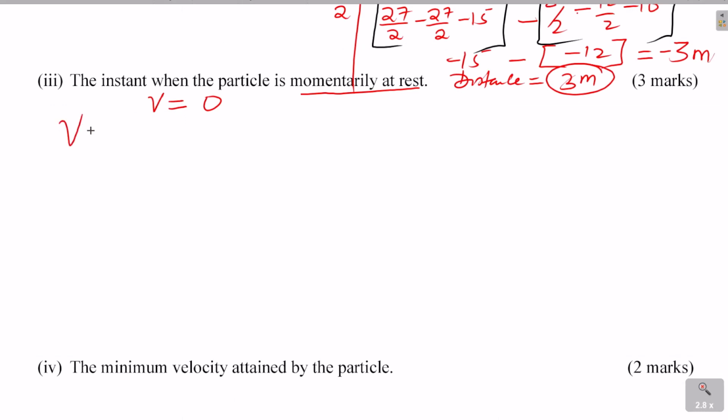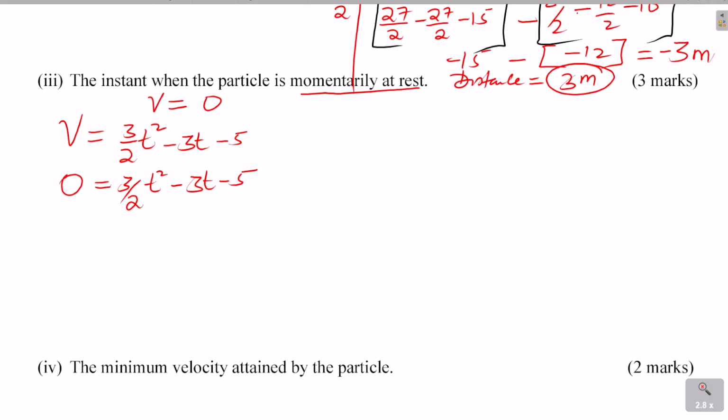So velocity was 3 over 2 t squared minus 3t minus 5, and just said that when the particle is momentarily at rest, v is equals to 0. So v is equals to 0. You substitute that, and this will give us the value of t, that is when the particle is momentarily at rest.